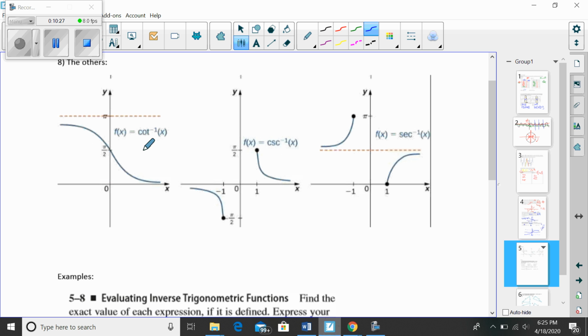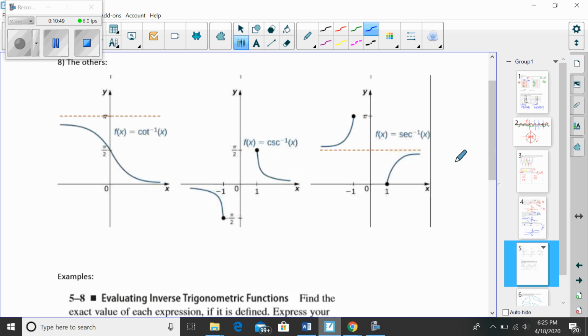So the inverse cotangent is going to have horizontal asymptote lines at 0 and pi. Okay? And again, with the inverse cosecant and the inverse secant, you take all the x and y coordinates, you switch them, right? And that's how we end up getting these graphs.